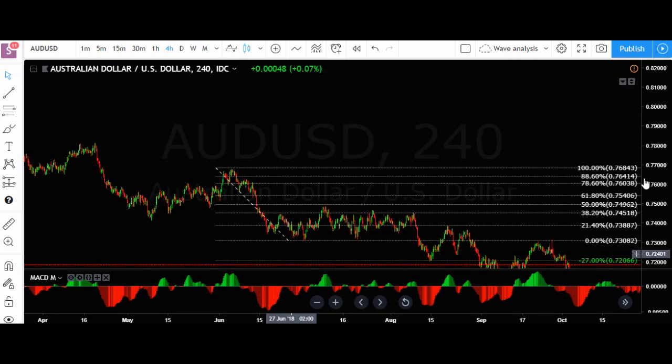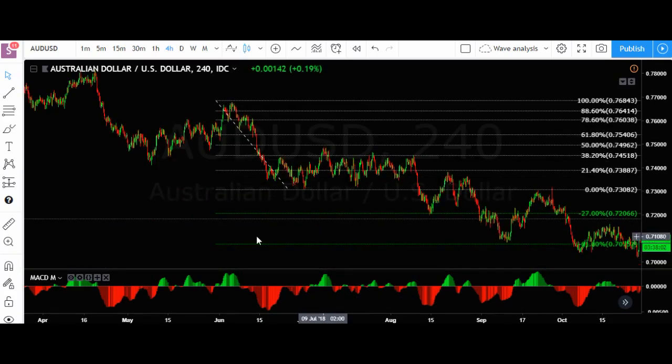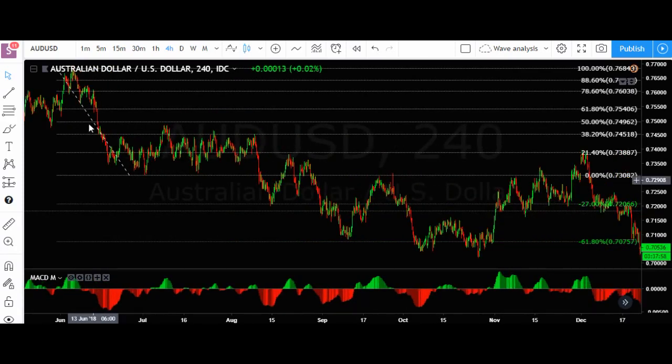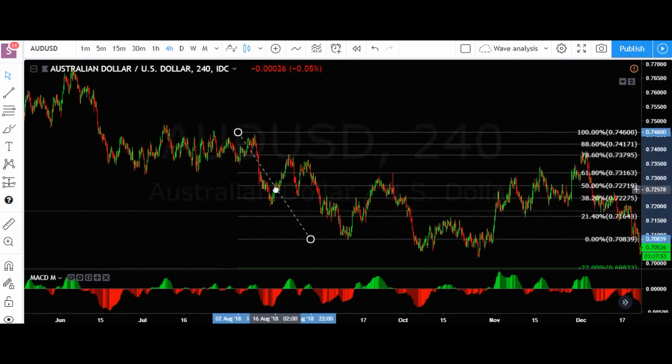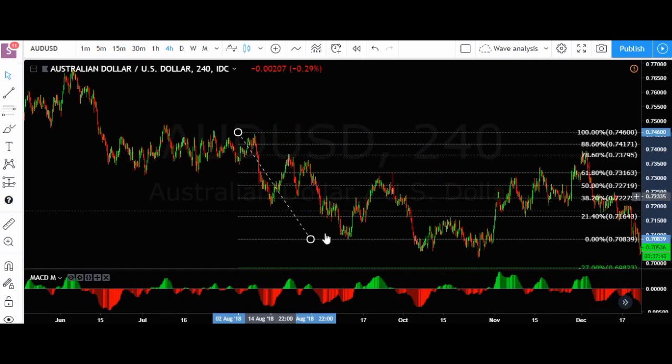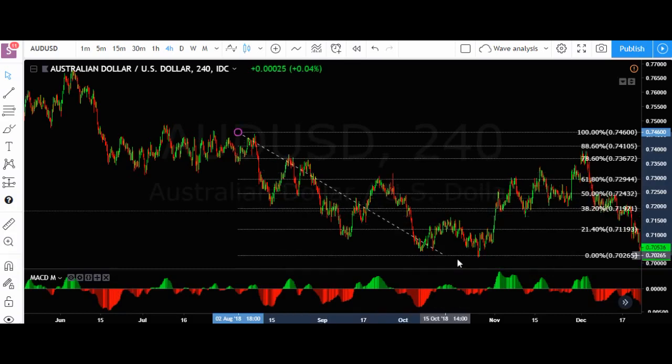So let's go further. We are next. If we would have pulled our trend line, then it shows us that we would have flipped this whole move.